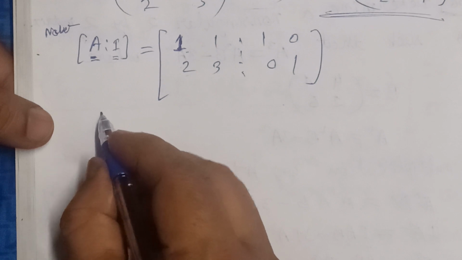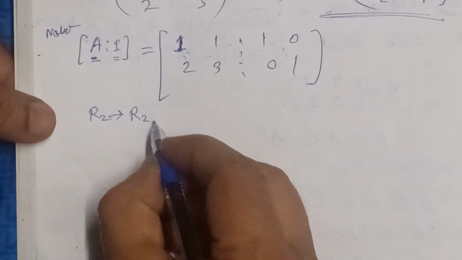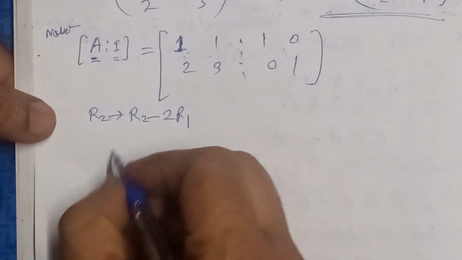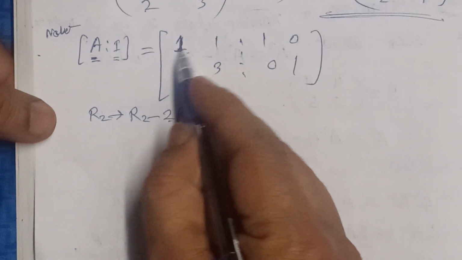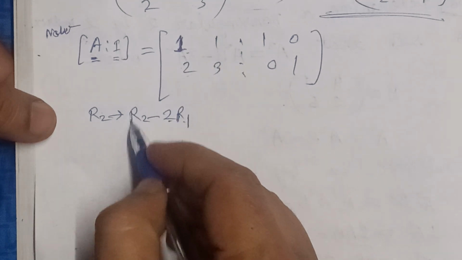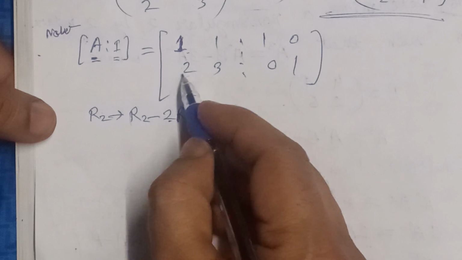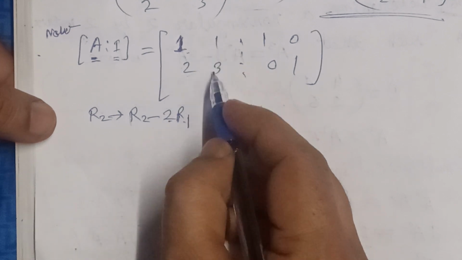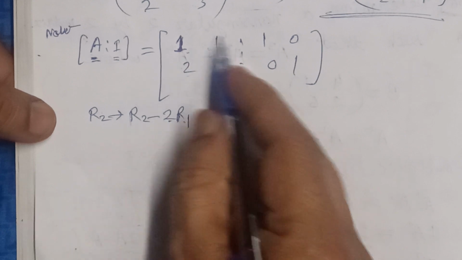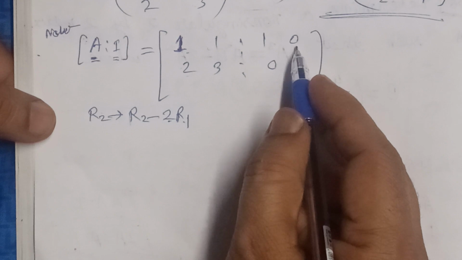So we take the operation R2 minus 2 times R1, because when we multiply R1 by 2 it becomes 2, and when subtracting from R2, 2 minus 2 becomes 0. I want this matrix to become identity.